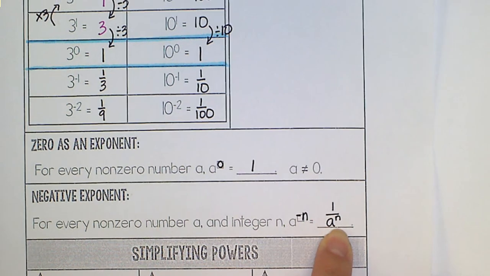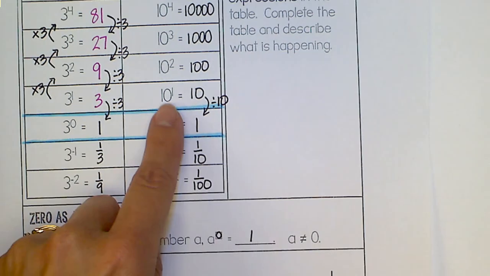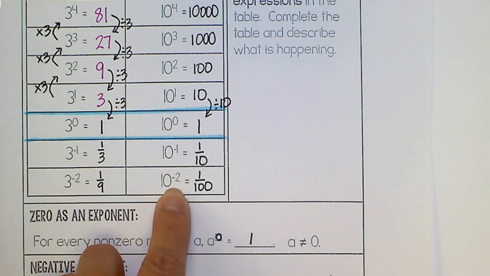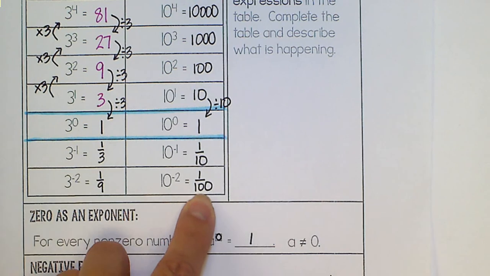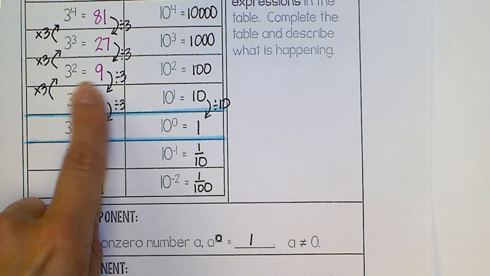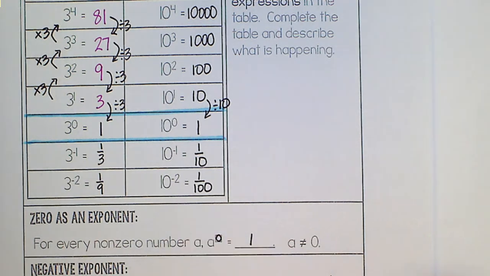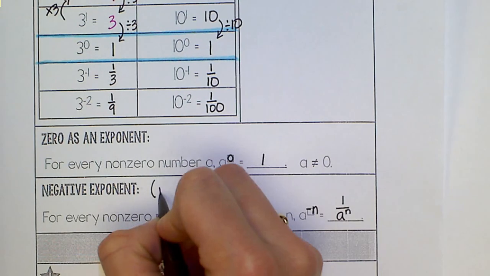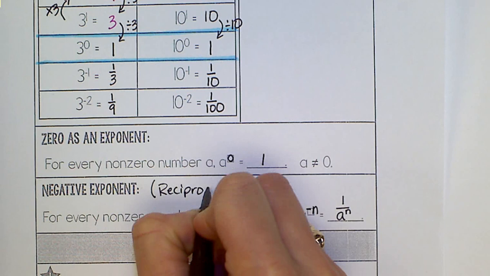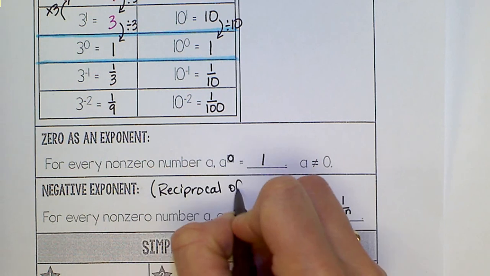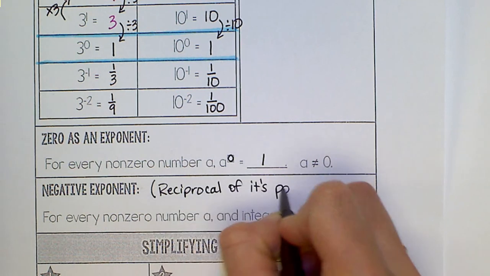So right here, again, 10 to the second is the same as 10 to the negative 2, it's just the reciprocal. 3 squared is 9, 3 to the negative 2 is 1/9, so it's the reciprocal. So negative exponents are the reciprocal of their positive value.